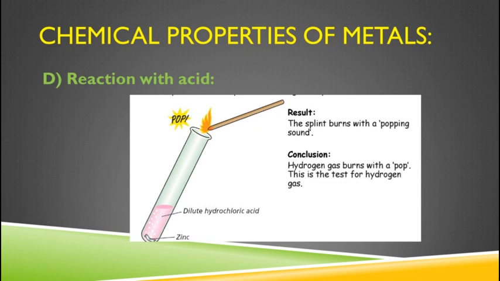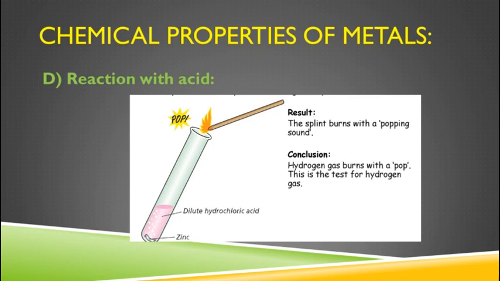Take dilute HCl in a test tube, you can see in the picture also. Then add zinc dust to it. Hydrochloric acid is an acid and we add to the same test tube zinc dust. Zinc dust is a metal. That means we add a metal to the acid.